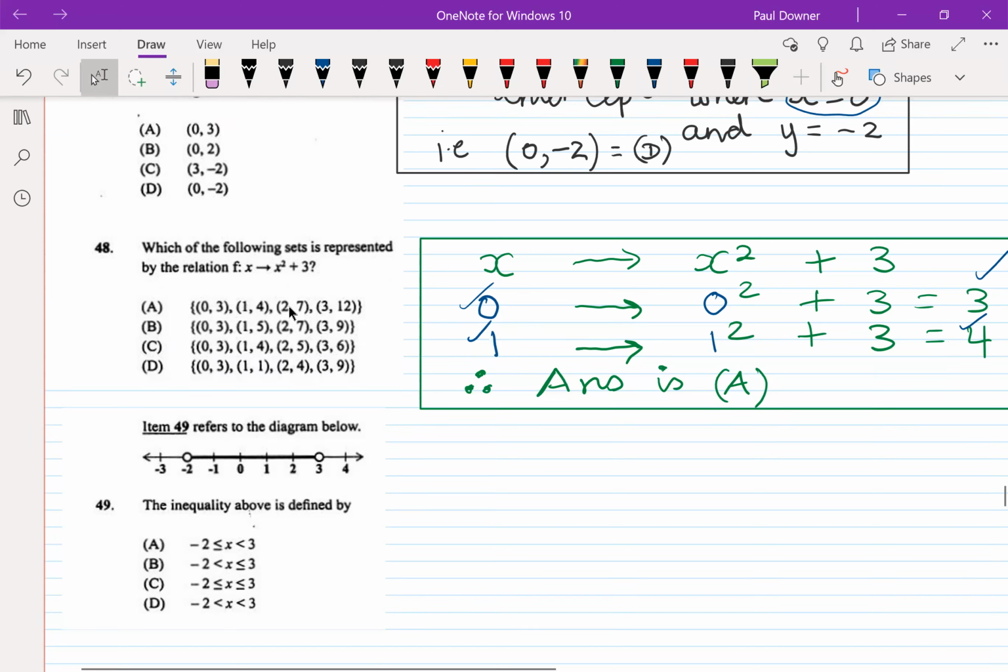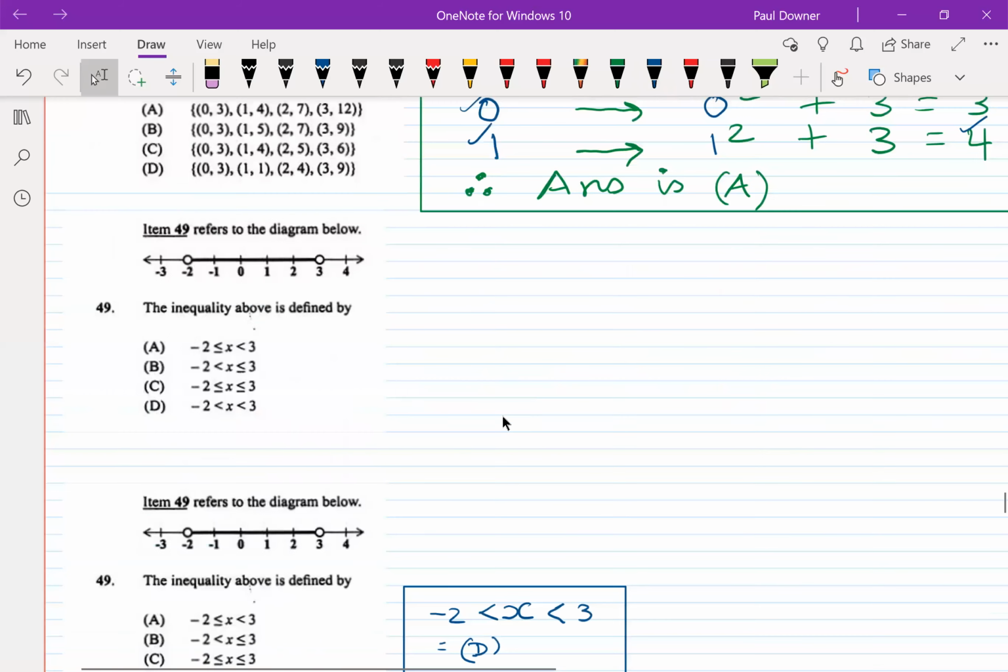You could verify it again. 2 squared is 4. 4 and 3 is 7, so it worked here. Let's try it with this. 3 squared is 9. 9 and 3 is 12. It works here. So it worked for all of these points, and therefore we know definitely that this set is represented by this relation. So that's answer E.